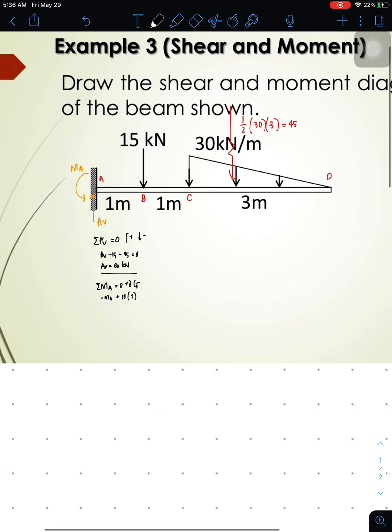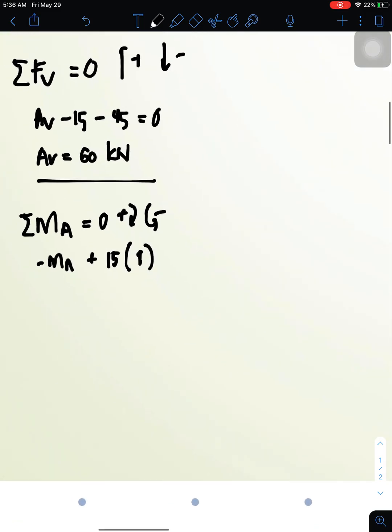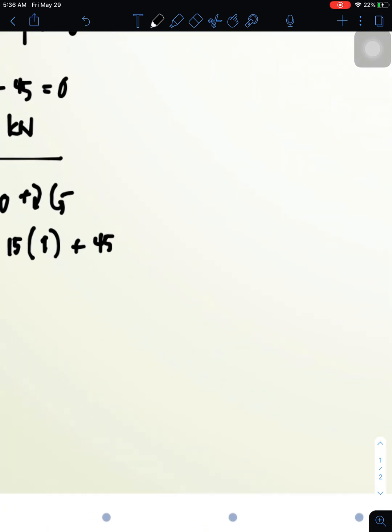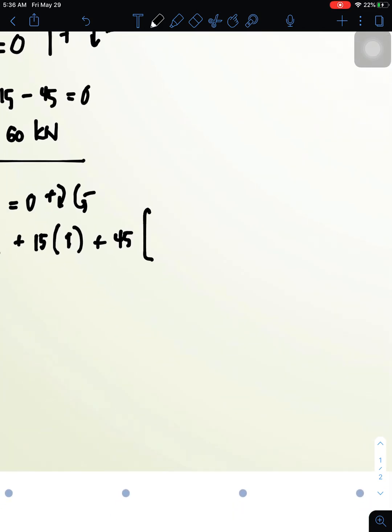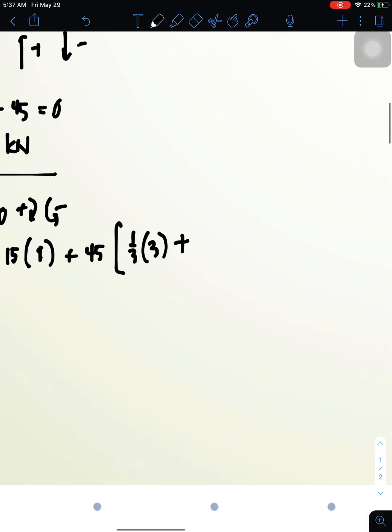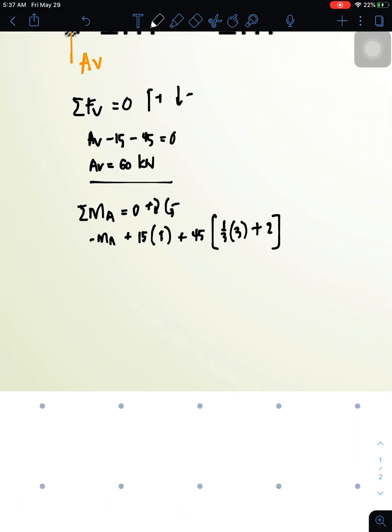Next, the 45 is also clockwise, so that's 45 times the moment arm, 1/3 of 3 plus 1 and another 1, so 1/3 of 3 plus 2. And that's equal to 0.